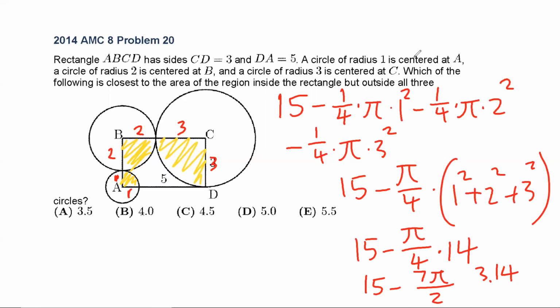And 15 minus 10 point something-ish should give you approximately around 4, since it's on the higher end of that. I'm sure if you actually plug it in and calculate it, you can get close enough to 4 that you'll realize that the answer is B in the real test.